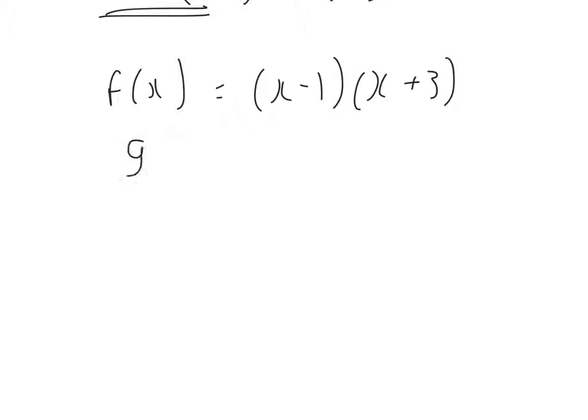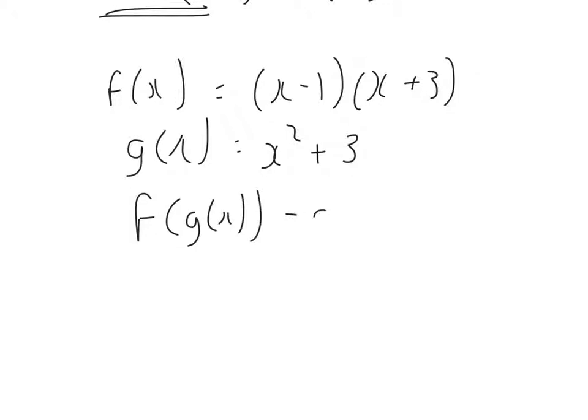Okay, the next example, I've got f of x equals x minus 1 bracket x plus 3, and g of x is equal to x squared plus 3. The question then says, show that f of g of x minus g of x is equal to 2x squared.